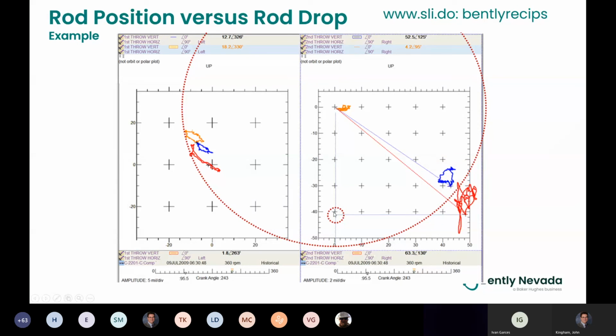If I was looking at a rod drop probe, I'd be only looking in this direction. So it would be sitting here, and I'd be fat, dumb, and happy thinking, I still have 10 mils. Well, you don't. Because again, those forces are not always just acting in the vertical direction. Okay?